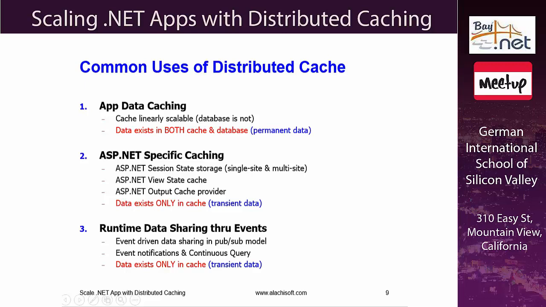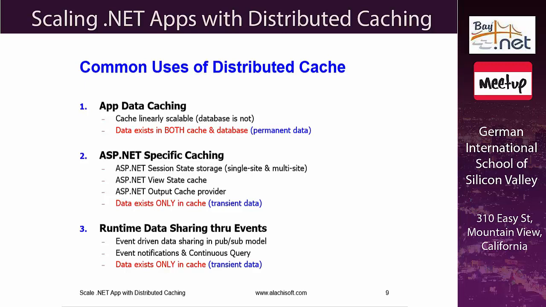And in this case, the data exists only in the cache, so there is no database. Then in this case, the sensitivity is that the cache cannot lose any data. In case of application data, if the cache loses some data, the sky is not going to fall. You can just go to the database and get the data again.